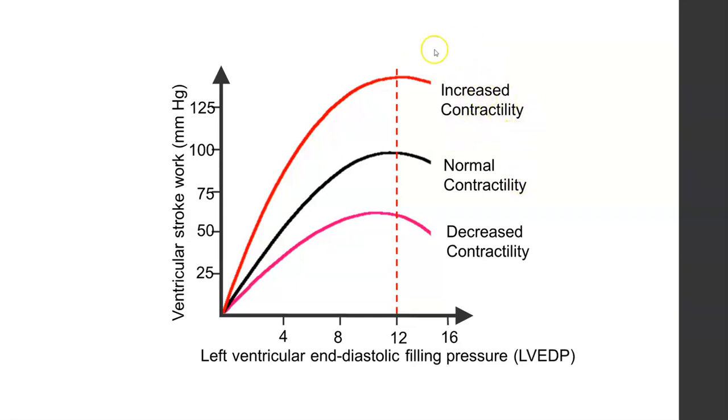So increased contractility is up here. When we have a normal contractility, it's a little bit lower. Then with decreased contractility, we have a lower ventricular stroke volume. Just a comparison chart, really.